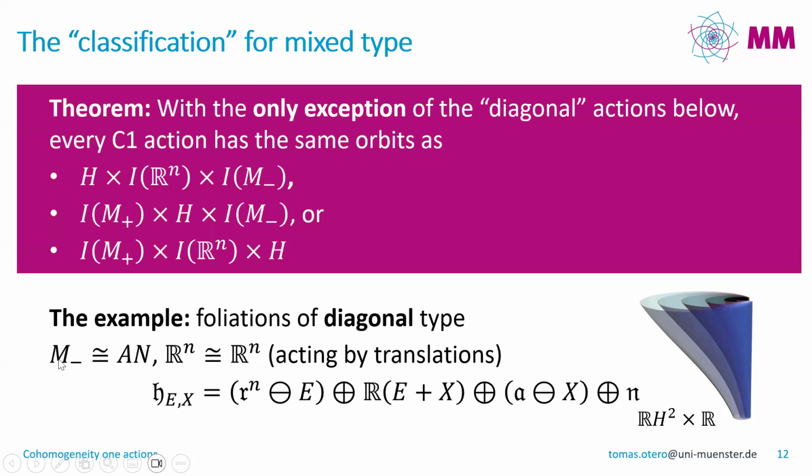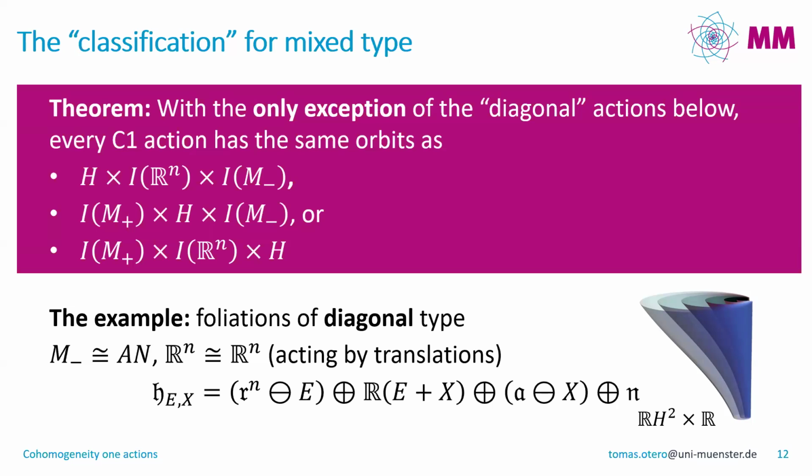Take M minus, a symmetric space of non-compact type, and take the solvable model again, and you can regard it as a Lie group, and also Rn acts on itself by translations, so it's also a Lie group. In particular, if you take a codimension-one subalgebra of Rn plus A plus N, this will give you a homogeneous foliation of the corresponding Rn times M minus.